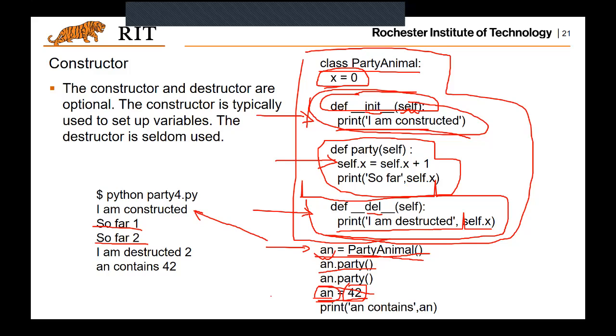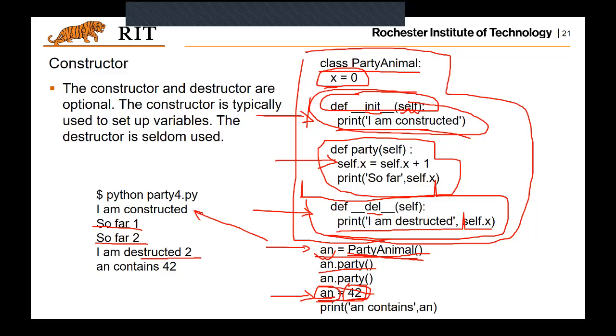So when you do this value assignment, Python will automatically call the destructor of PartyAnimal, and it will destroy that object for you, and then assign this 42 to this variable, and the previous PartyAnimal object will not exist anymore.